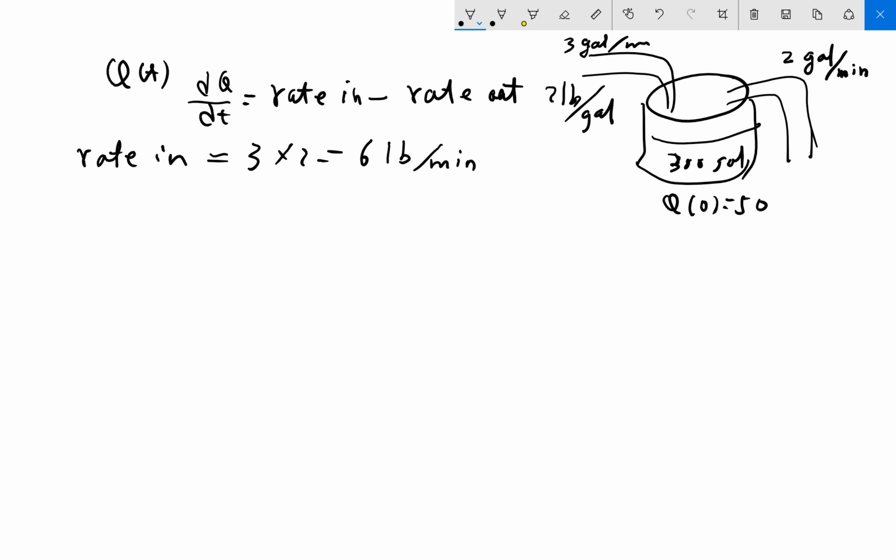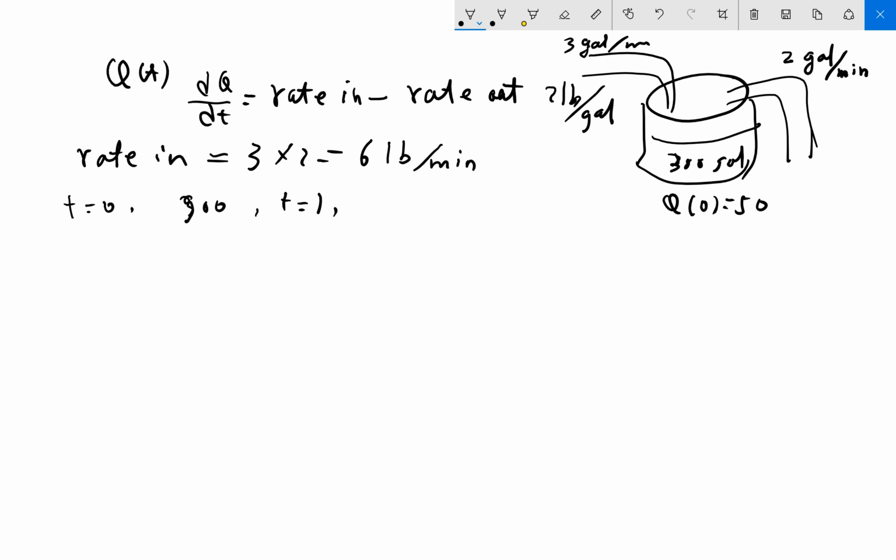So first of all, we need to figure out at a given time how many gallons of liquid are in the tank. Let's figure that out. At t equals 0, the number of gallons of solution is 300, right? When t equals 1, how many gallons of liquid?